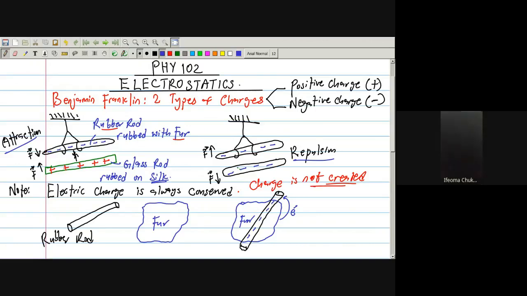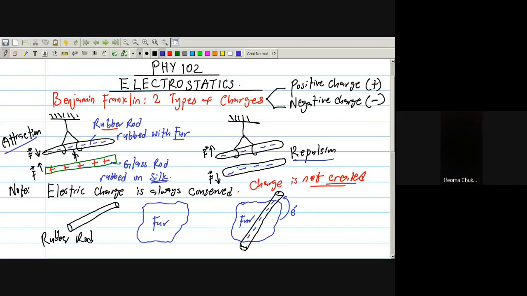For this, the rubber rod now has a net negative charge, and the glass rod has a net positive charge.